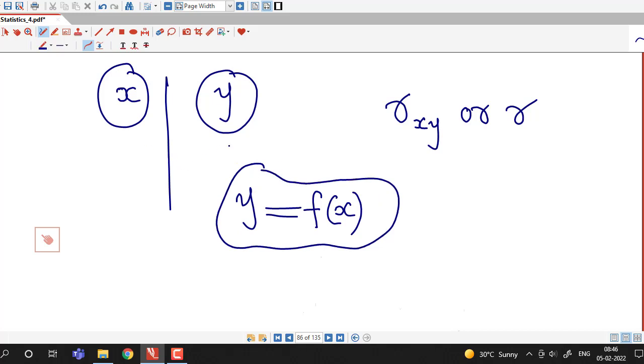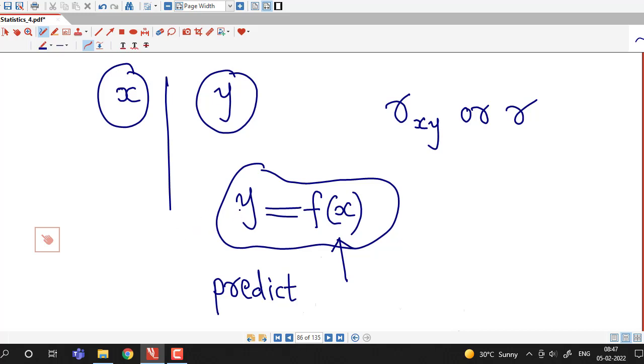So the goal of regression is to establish the functional relationship between two variables, so that if we know the value of one variable, we can predict the value of another variable. That is the aim of regression.